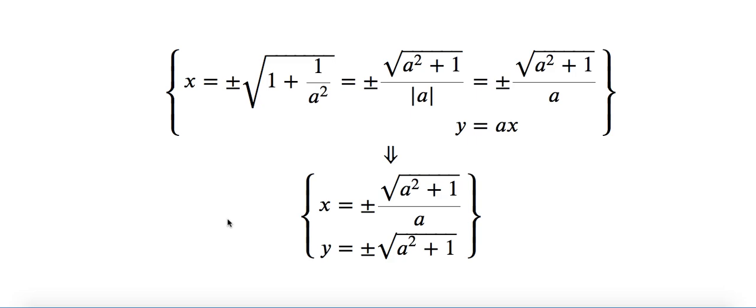On both sides, for the first equation, we can divide it by the second equation. And for the second equation, we can multiply it by x to reach the exact same result as in our first solution.